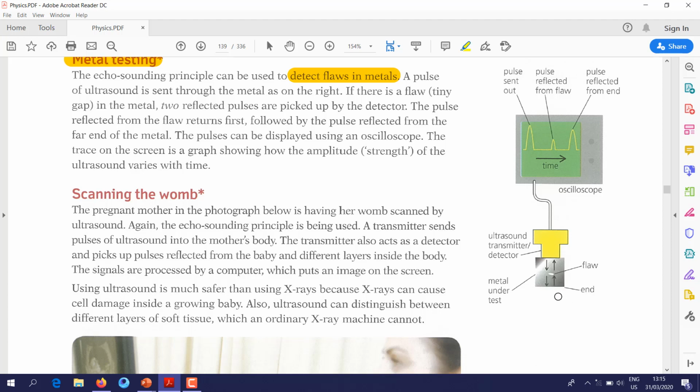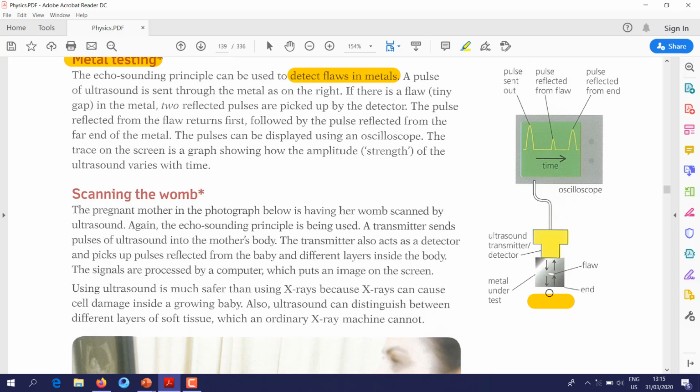But if you look at this piece of metal, focus on this white hole, this white dot. This piece of metal has a hole inside it. We cannot see it, but how can we detect it? By using ultrasound. Here, as you can see, the ultrasound transmitter and detector will send the waves.